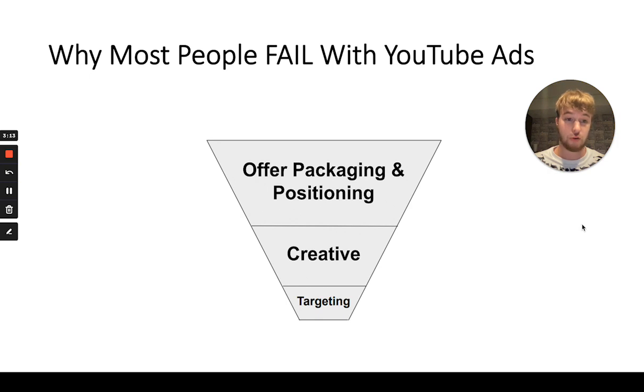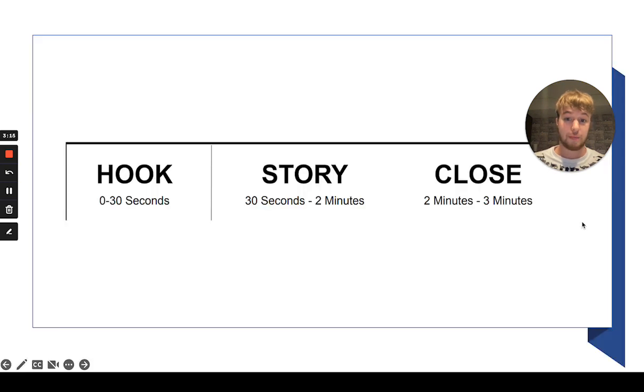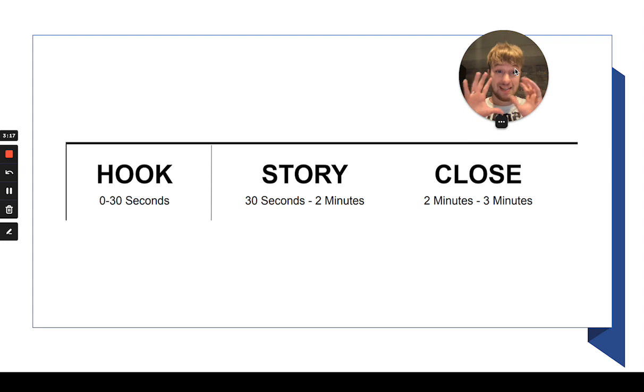This is crucial. Another thing: this is our system of how YouTube ads basically work. If you really want to be successful, you need to understand this: hook, story, close. The hook should be from 0 to 30 seconds, an attention- and curiosity-based hook to hook them in.